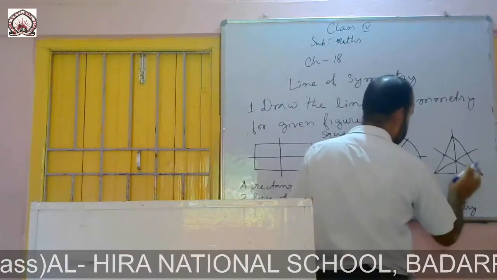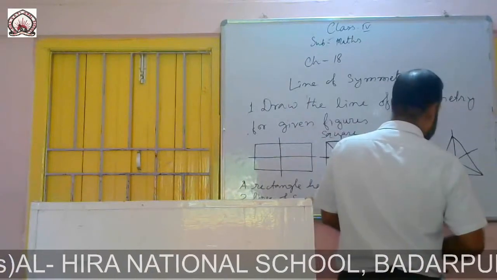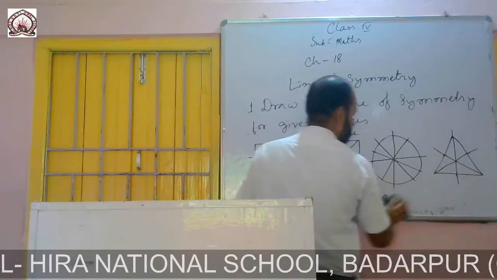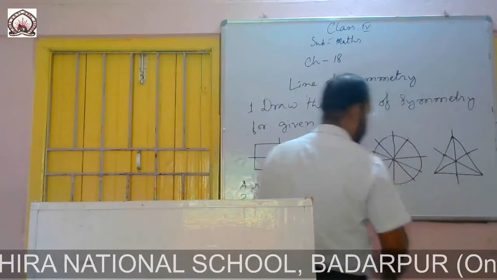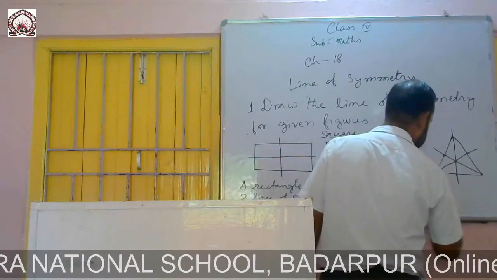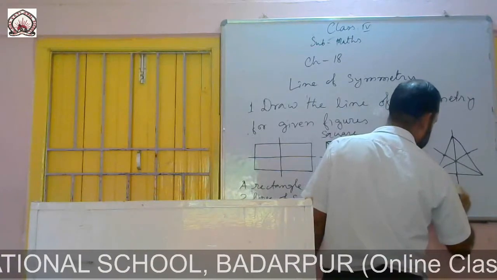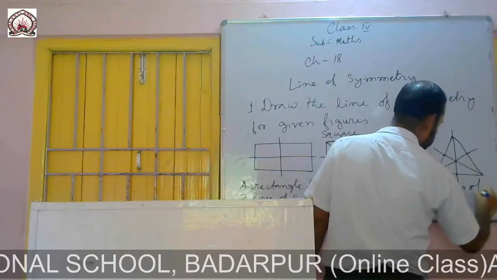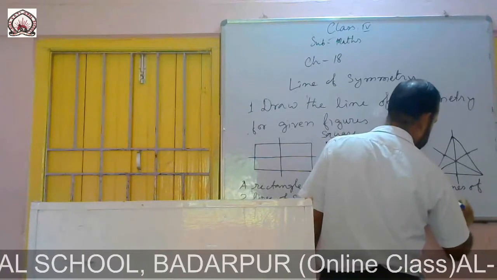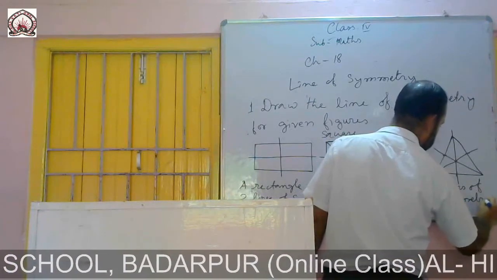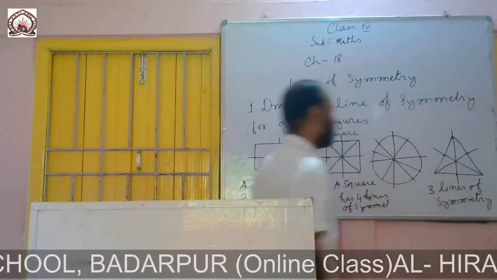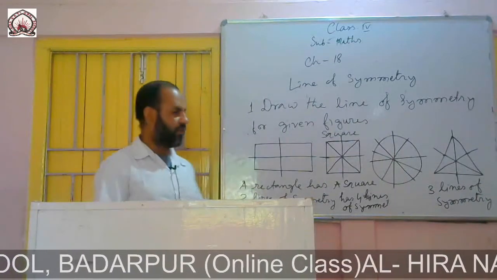So here we get that this triangle has 3 lines of symmetry.